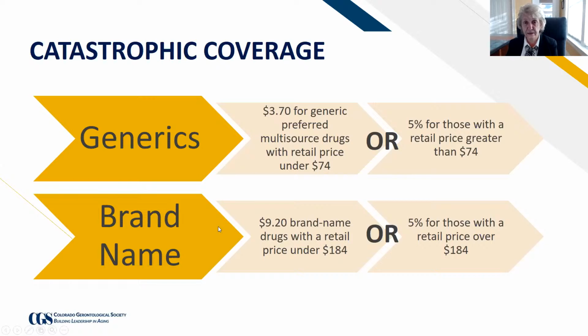If you are using brand name drugs and the cost at the retail level is under $184, you will pay $9.20. If the cost of the name brand is more than $184, you will pay 5% of the retail cost. So if it's $200, you will pay $10. If it's $5,000, you will pay $250 for that drug.